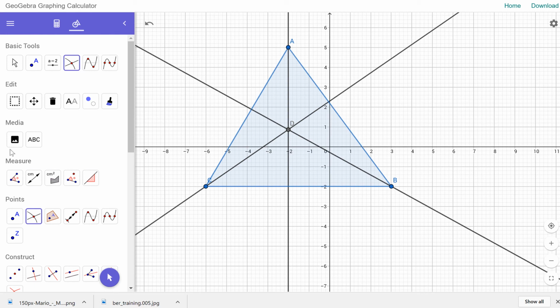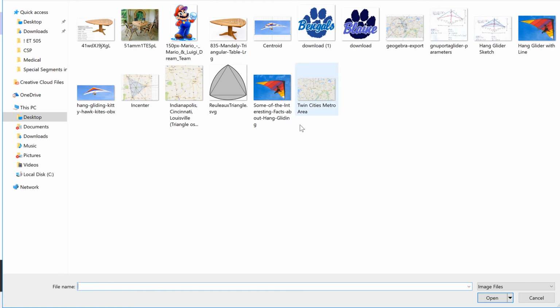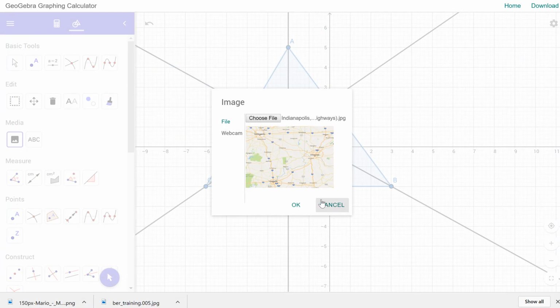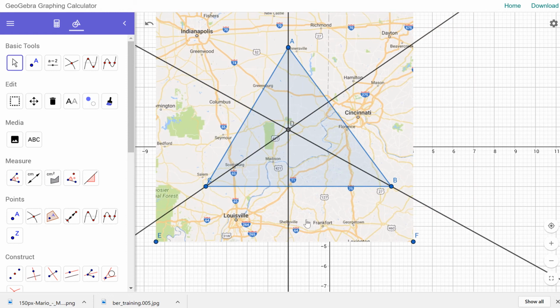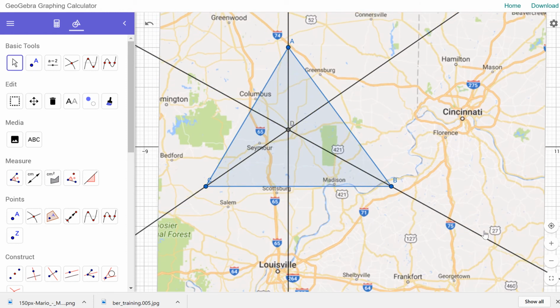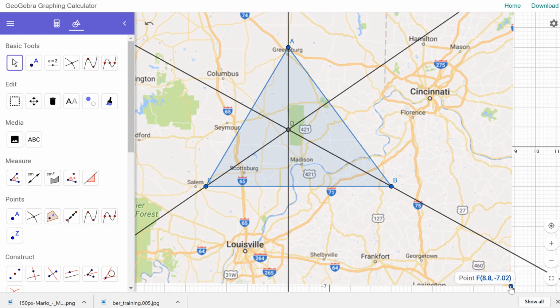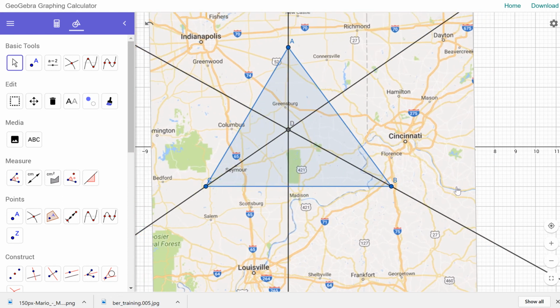So I'm going to pull up a picture that I used earlier in one of my other videos of a map, and that map includes Indianapolis, Cincinnati, and Louisville. We'll blow it up a little bit. There's a good size.